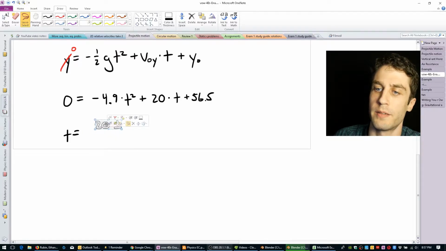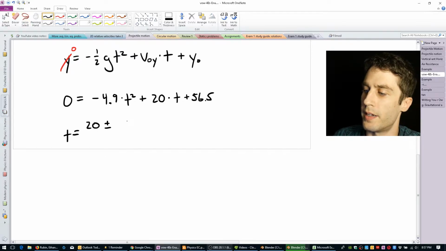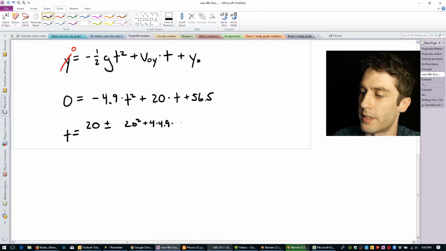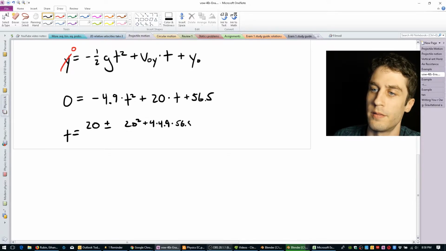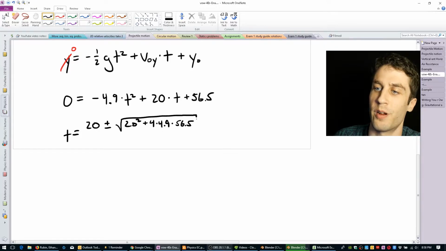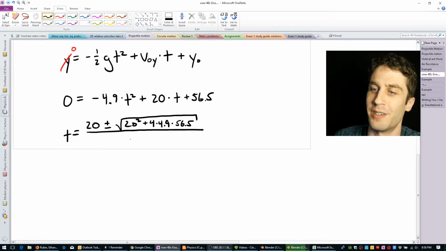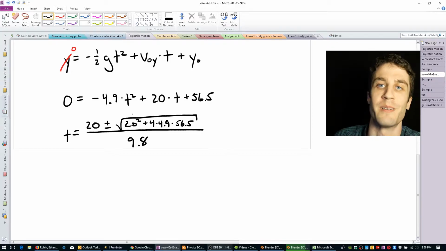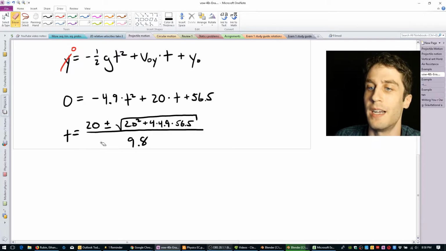So positive 20 plus or minus the square root of 20 squared plus 4 times 4.9 times 56.5. I said I would skip doing the quadratic formula, but I'm basically doing it right now. I'm perfectly content with you just using your calculator and getting the result as quickly as possible, but the real reason I'm doing it is because there's this plus or minus sign here.